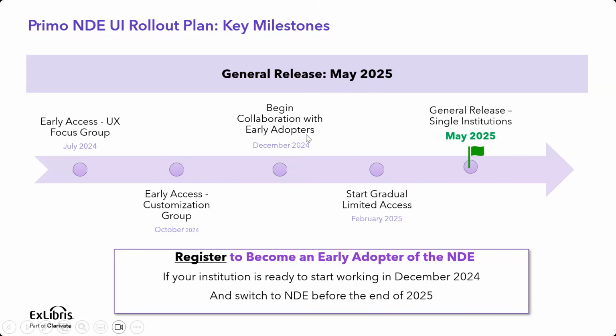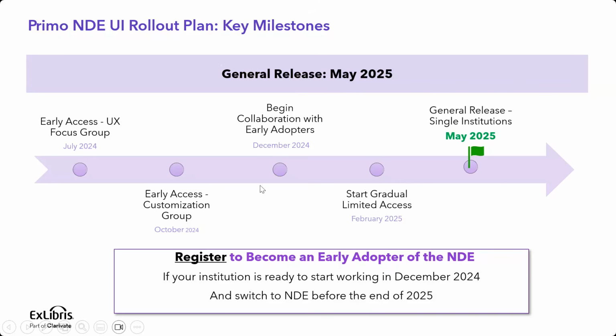During December, we plan to start work with early adopters. And in February, we will start to give gradual access for some customers that we would like to be able to manage this access. And of course, as I mentioned, the general release will be in May.